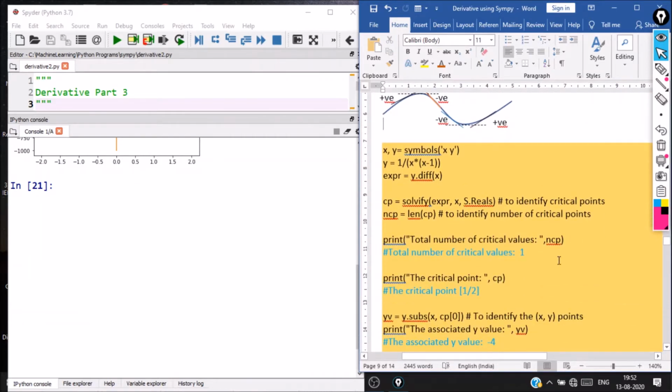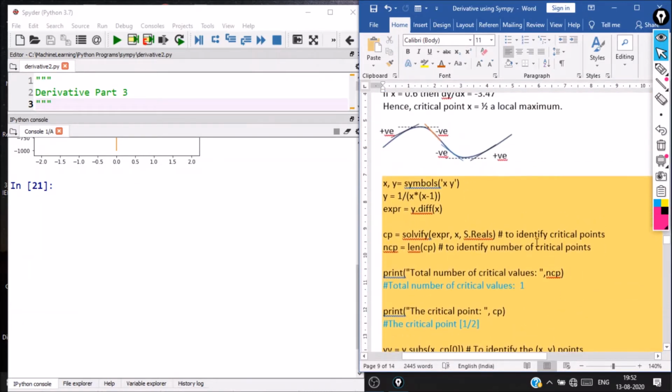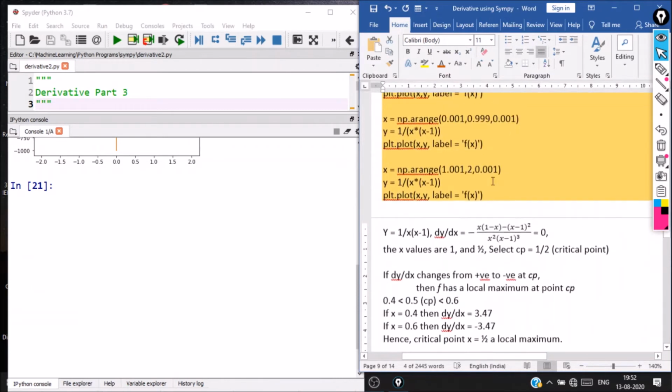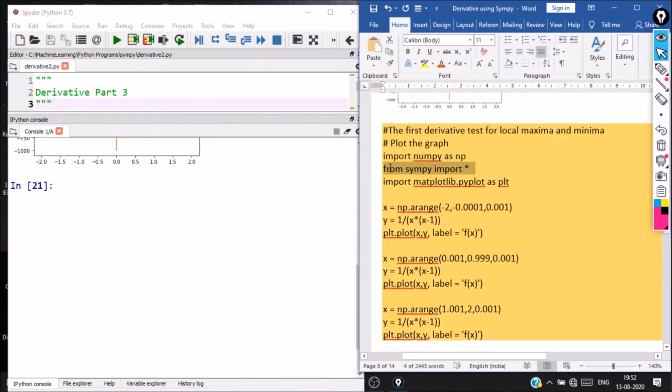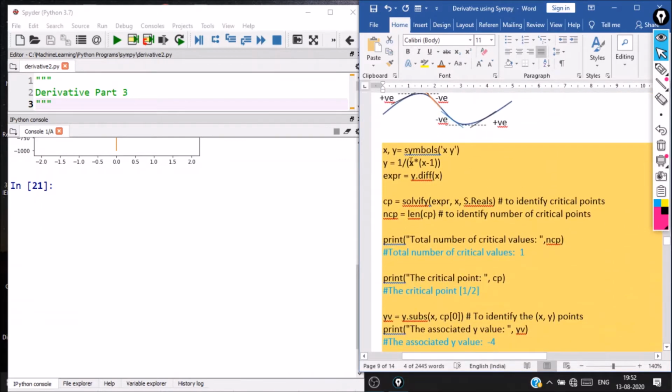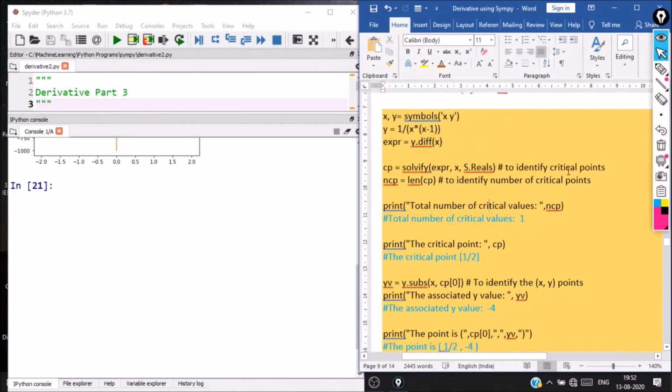Okay, now we can solve it using code. We see that x and y are both symbols, and we have already imported SymPy, from sympy import asterisk. So y is equal to 1 by x into x minus 1. Here we apply the single derivative. Now to identify the critical point, we use the function solveset.